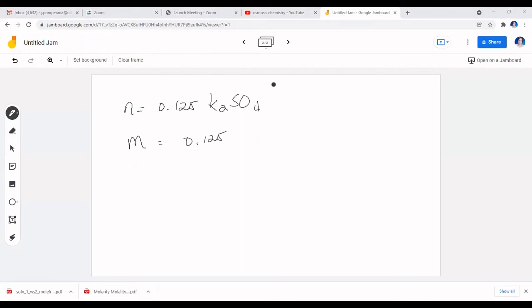I need the mass. So what I do is, I have already illustrated this particular technique to you. That's dimensional analysis. You convert, or you use dimensional analysis.